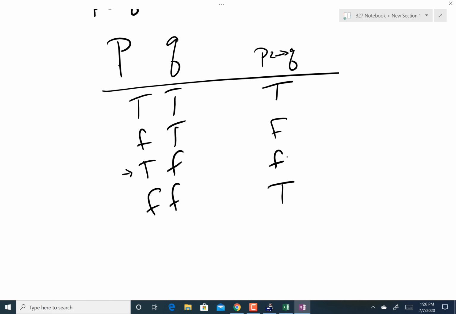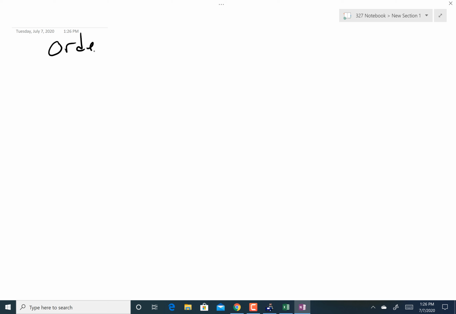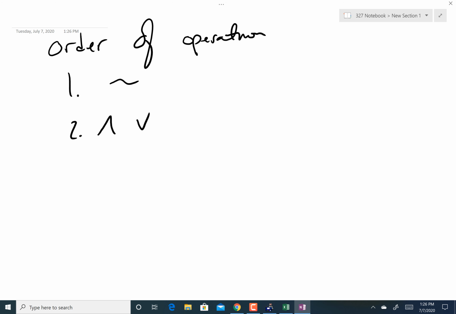Okay. So now some order of operations, another thing that will come up in this chapter. PEMDAS: Please excuse my dear Aunt Sally. Ooh, we're not multiplying though. So when it comes to logical operators, the first thing you always do is the negations. Then you do the ANDs and ORs secondly.